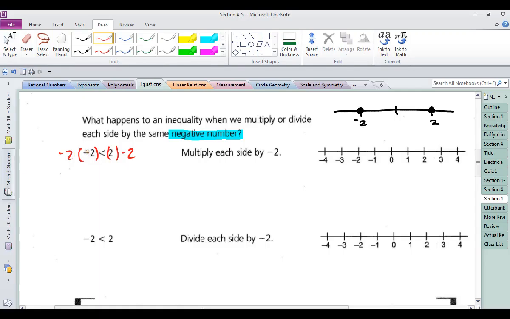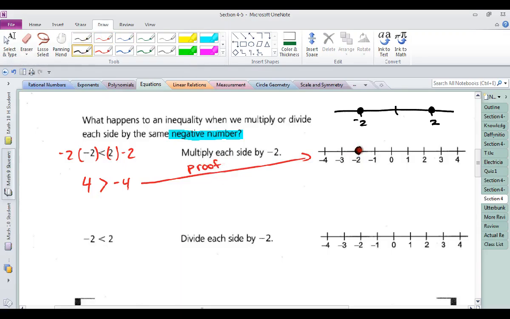Alright, so now let's do this multiplying. Negative 2 times negative 2 becomes what? Positive 4. What's 2 times negative 2? Negative 4. What does that do to the sign? It has to switch. And our proof is here.